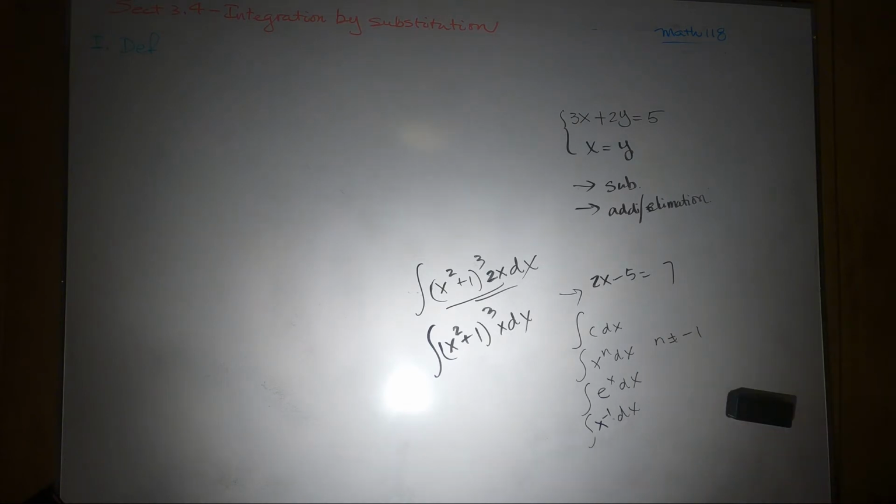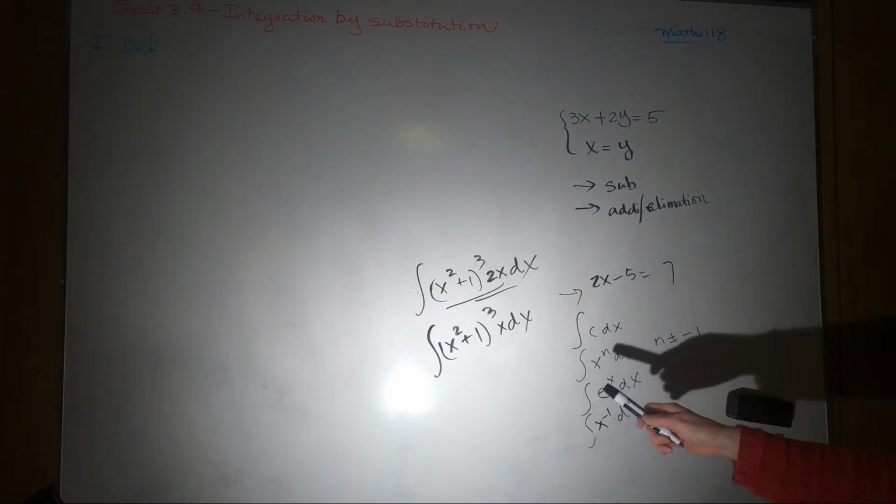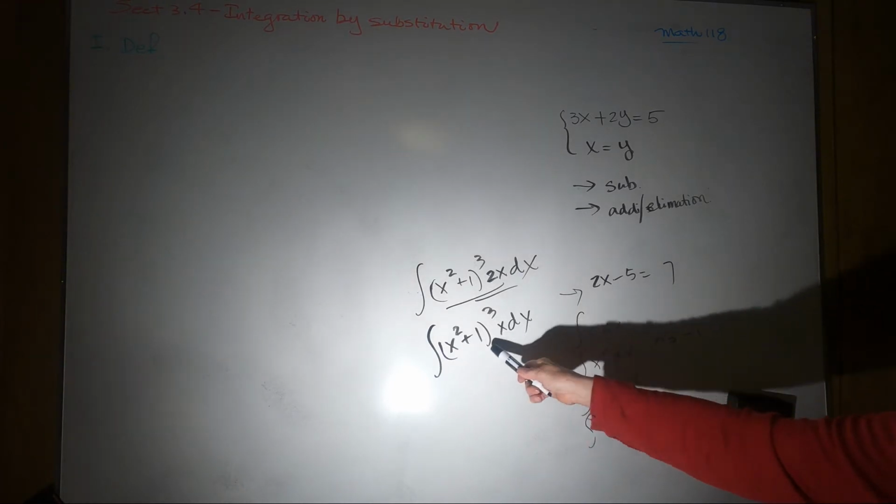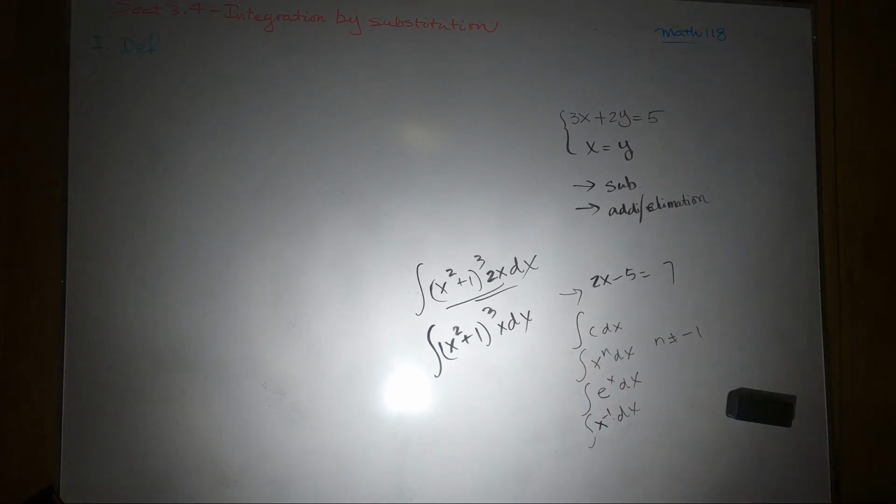So we need to handle a more complicated situation, where things are multiplying together. Then we need to use other methods: one is integration by substitution, in this section, and the other is integration by parts, in the next section. They are different skills.